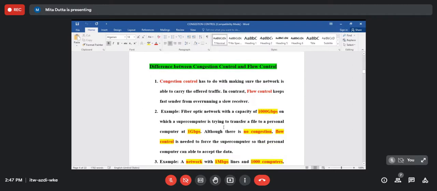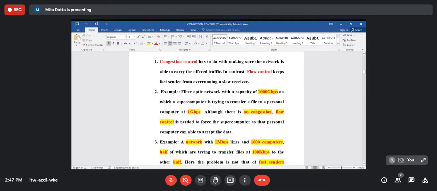Now here is an example. Say we have a fiber optic network having a capacity of carrying 100 gigabit per second.